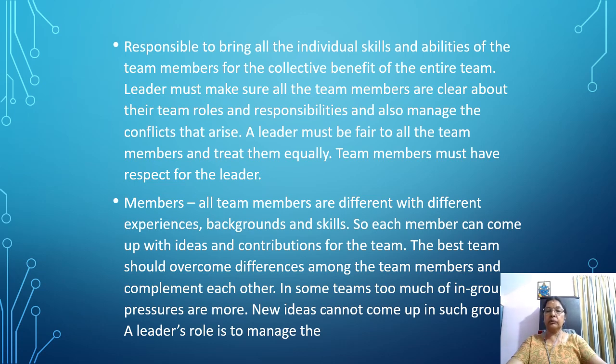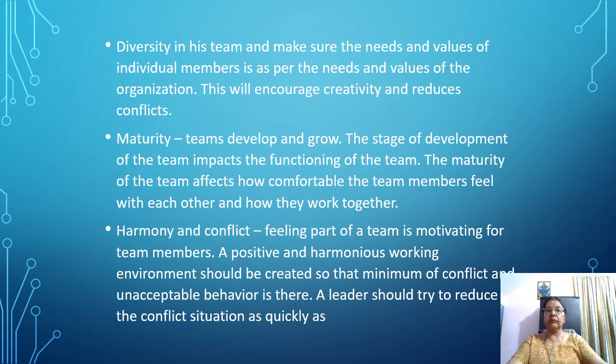So new ideas may not be able to come out in such kind of teams. So it is the role of the team leader to manage the diversity in his group, make sure all the individual members cooperate and collaborate with each other, and they are able to achieve the goals of the team, and there is very little conflict amongst themselves, and they are more creative in their work. This is all the responsibility of the team leader.